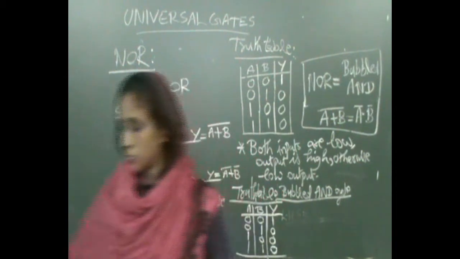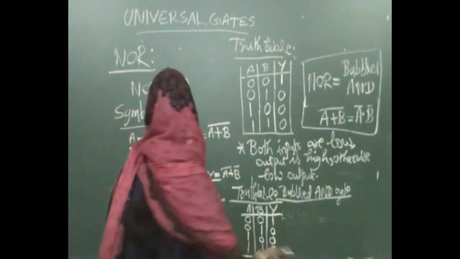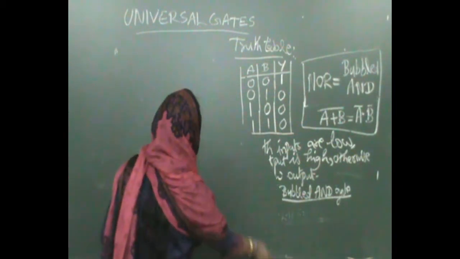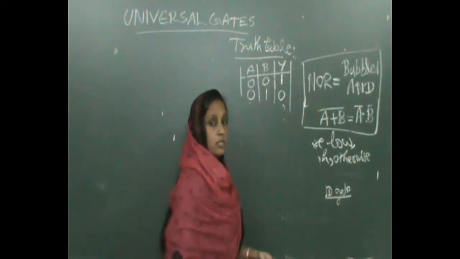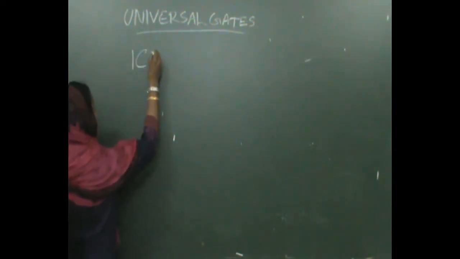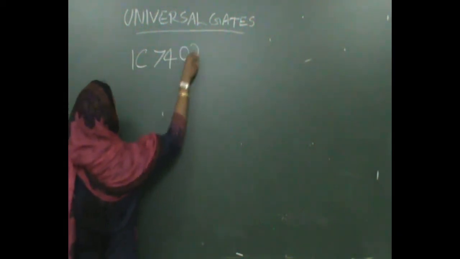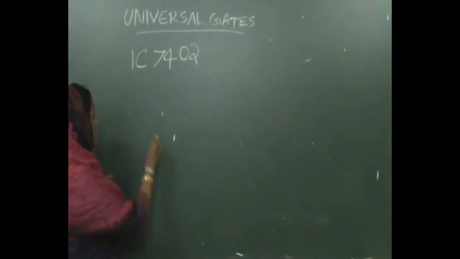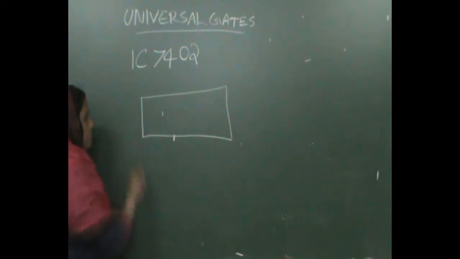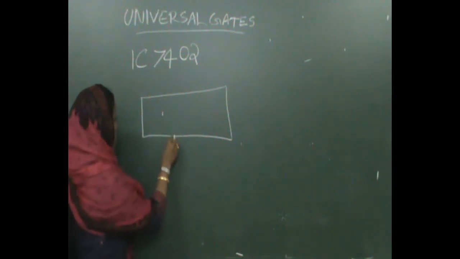Now, I can draw here the pin diagram of the NOR gate just for your laboratory requirements. IC 7402. So its pin diagram looks like this, and there are 14 pins.